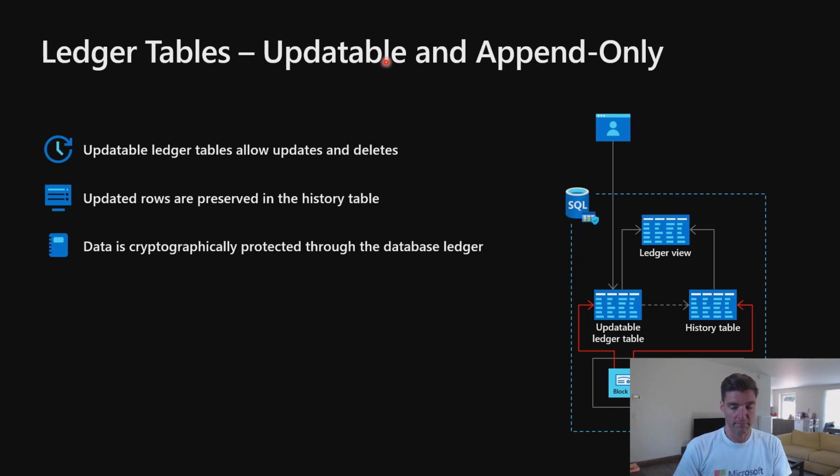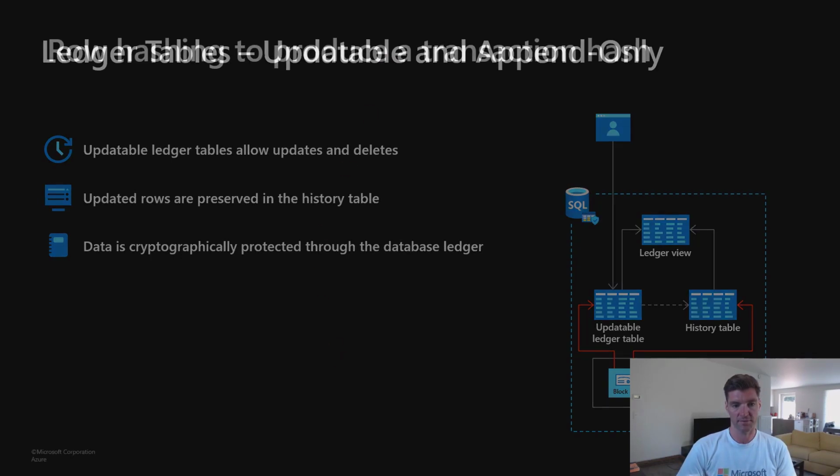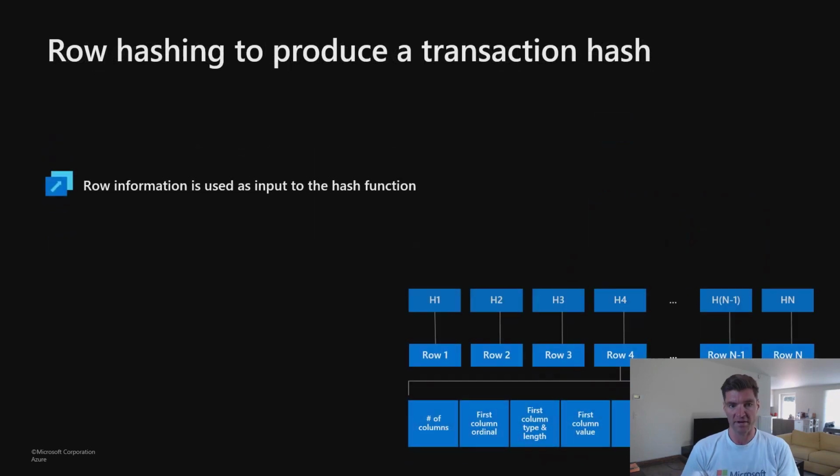All right, that's the overview of ledger, but let's jump in a little bit more into detail how ledger works. So how does the row hashing actually work? So every row in a transaction is hashed by using a Merkle tree mechanism that will create a root hash.